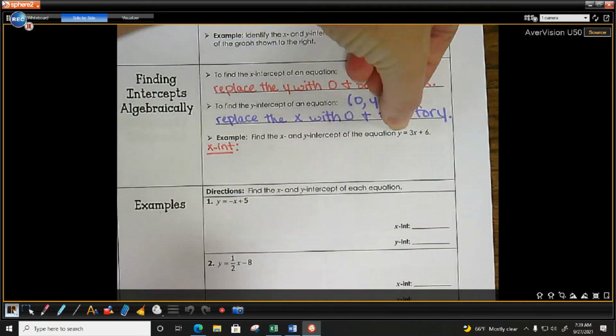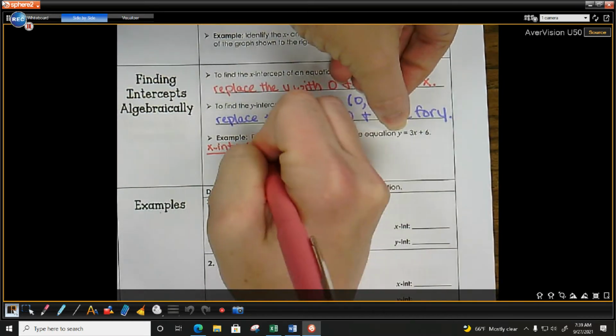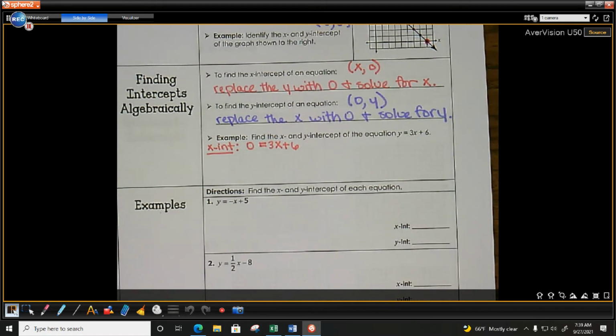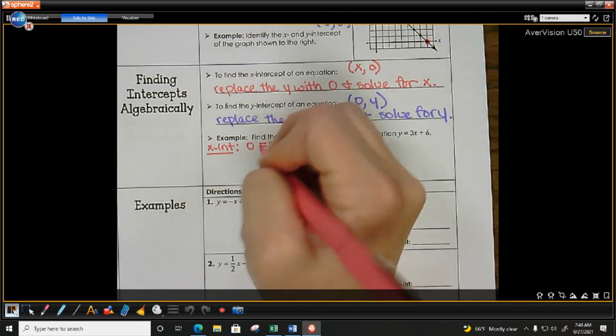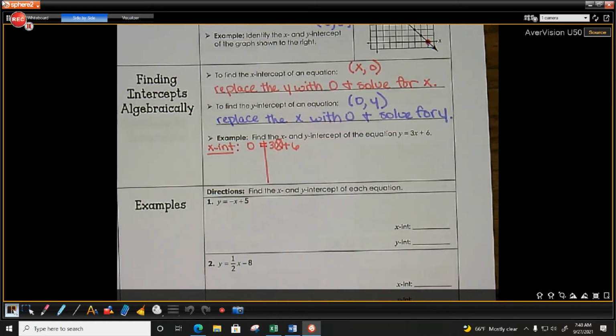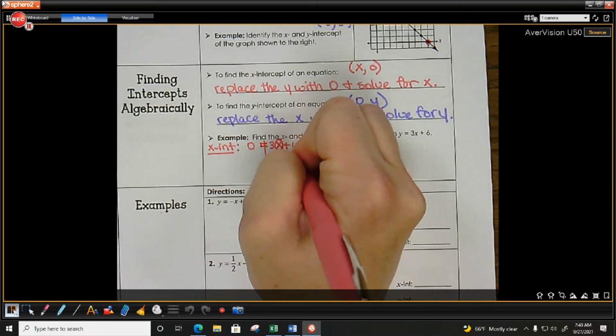So I'm going to rewrite my equation, and it's going to be 0 equals 3x plus 6. Now I need to solve for x. Draw your line through the equals and circle x. What am I going to do to get x by itself? Subtract 6.